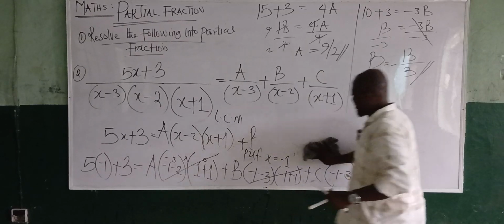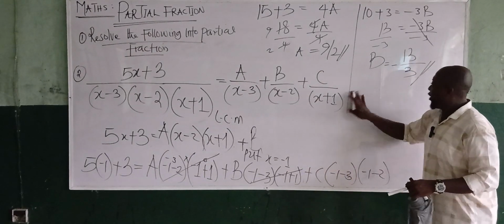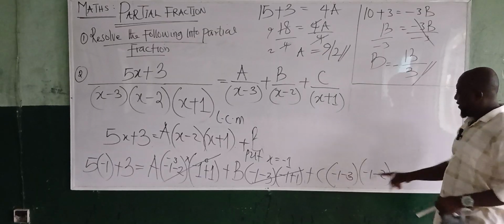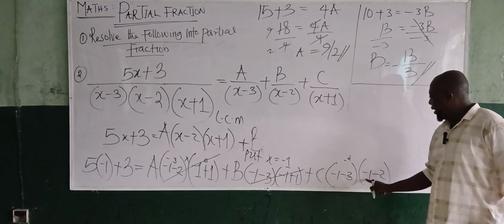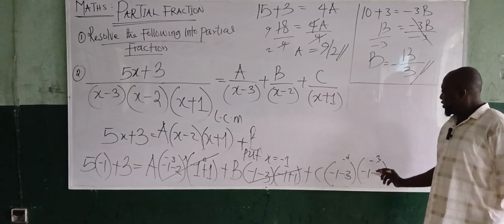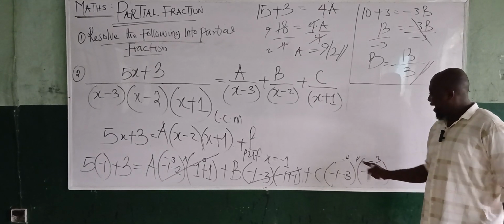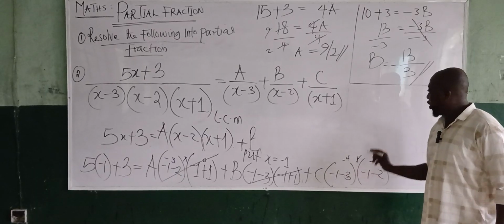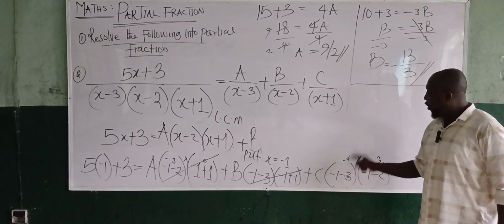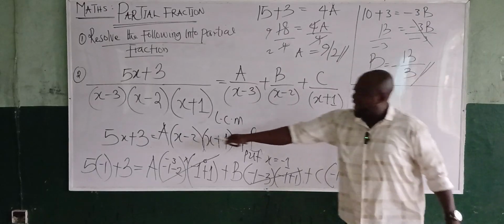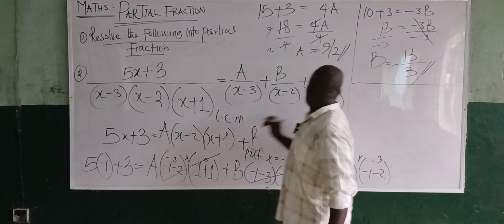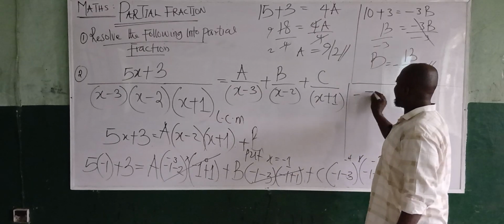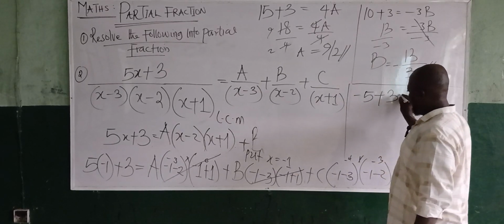So from this point, please, I will have that minus 3, and minus 1 minus 3 will give us minus 4. This will give us minus 3. So if we multiply this, minus times minus first, I'm going to have plus. And then 3 times 4, I'm going to have 12. But don't forget that we have that. So this times this will give us minus 5 plus 3. So I will have minus 5 plus 3.